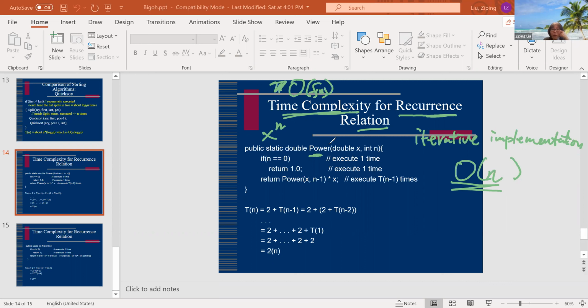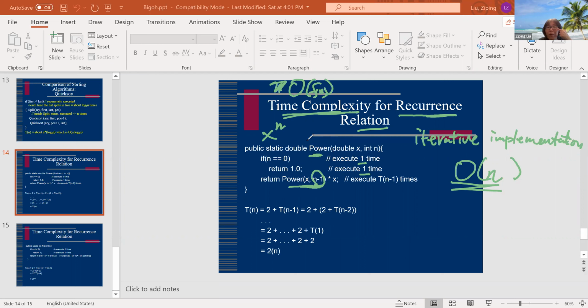Let's take a look at this recursive case. This is a stopping case. Execute one time, and you execute one time. But here you recursively call x to the n minus 1.